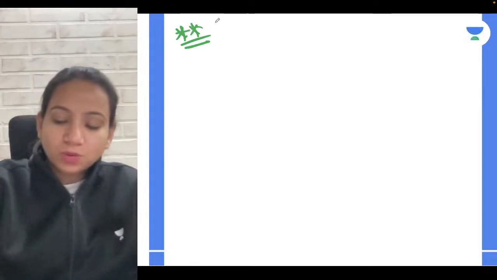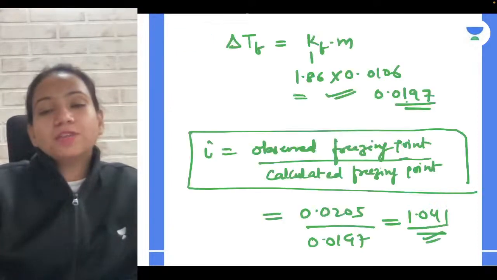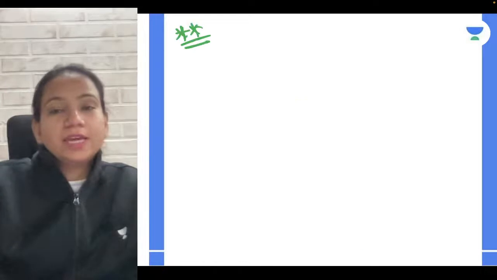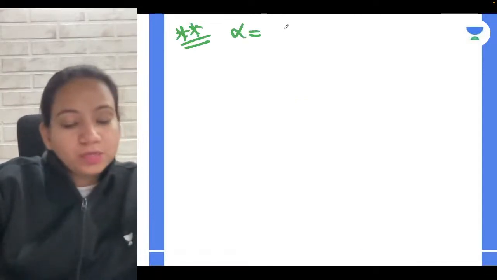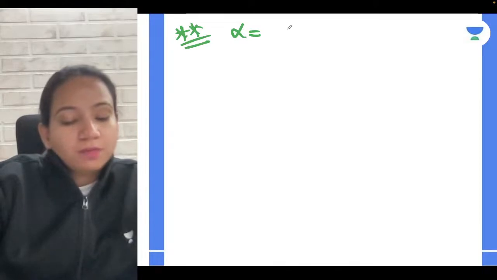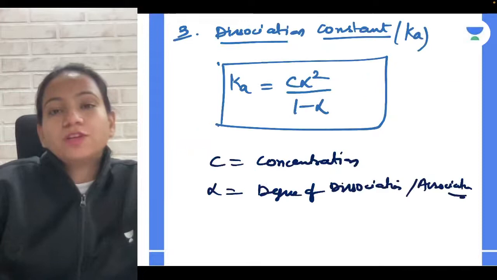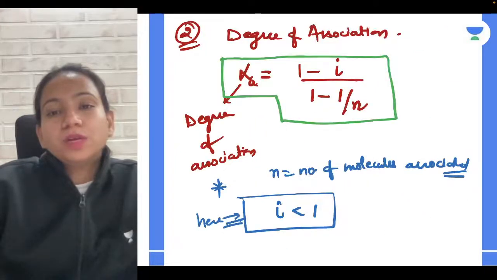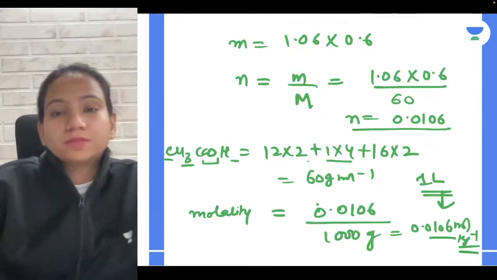So, basically, I said that once you get the i value, you can get the alpha value also, because it's a dissociation. The formula we have learned: for dissociation, alpha equals i minus 1 divided by n minus 1, correct?